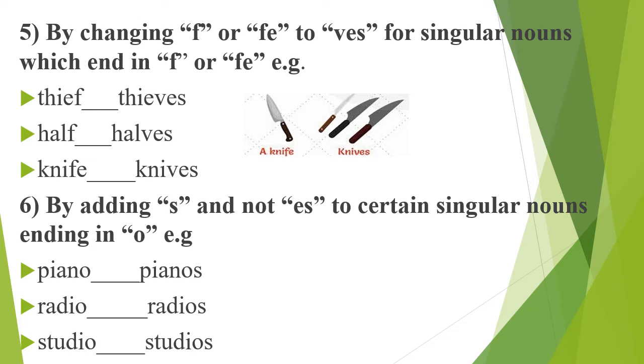But there are some certain singular nouns. They are very specific singular nouns. When we make their plural, we add only S. We do not add ES, we only add S. These nouns are piano, pianos, radio, radios, etc.